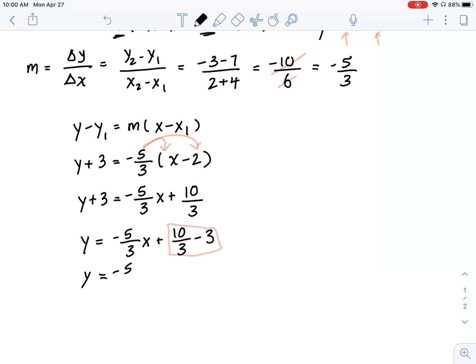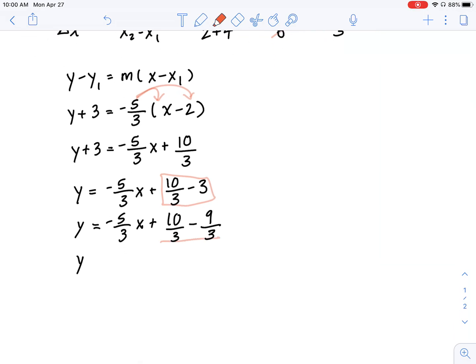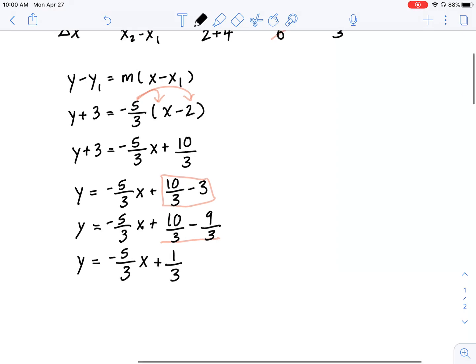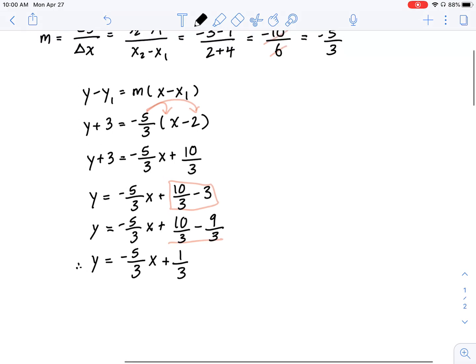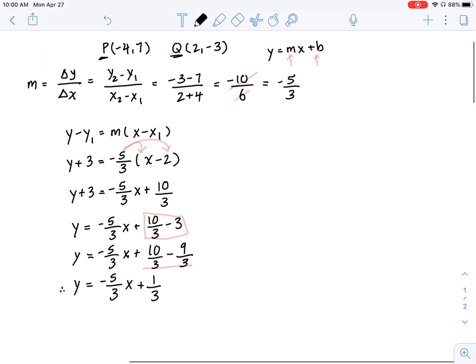So let's find a common denominator of 3. And finally, we can add these two together to give us y equals -5 over 3 x plus 1 over 3, which is our final answer and the equation of the line passing through points P and Q in y-intercept form.